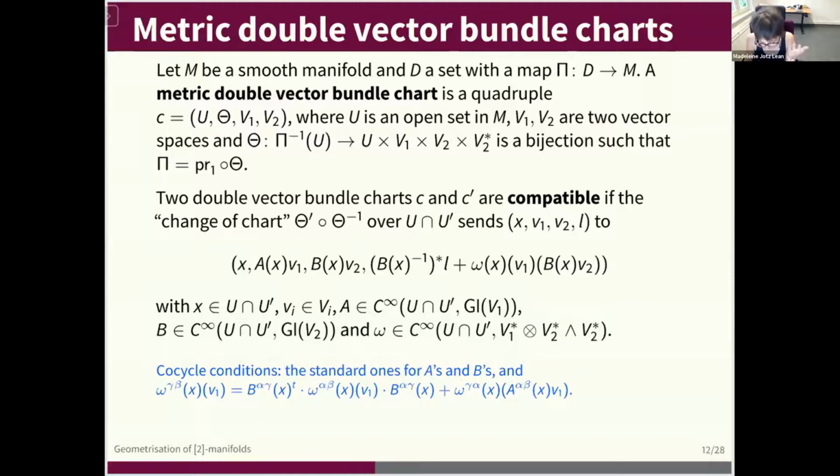So the double vector bundles were originally defined by Pradine in the 60s. Pradine was a student of Ehresmann. And so he defined them as a total space D with a double vector bundle chart in the same sense as a vector bundle can be defined as a space with a vector bundle chart.